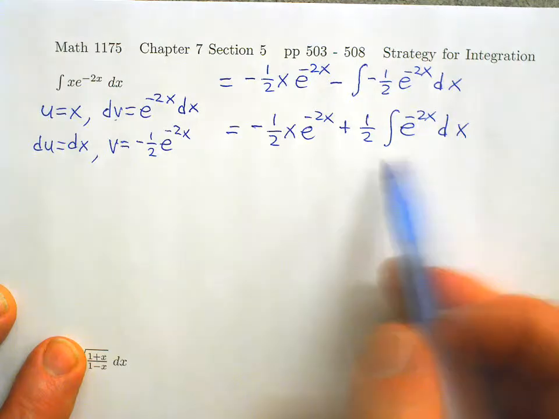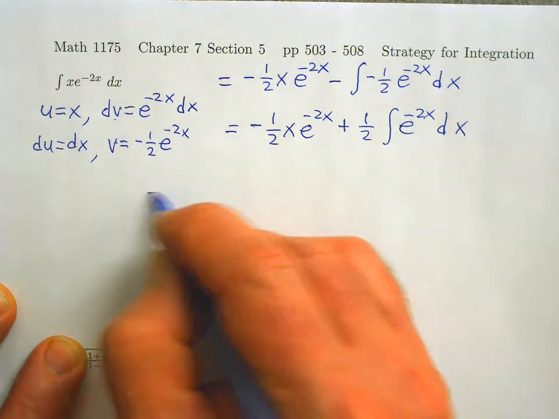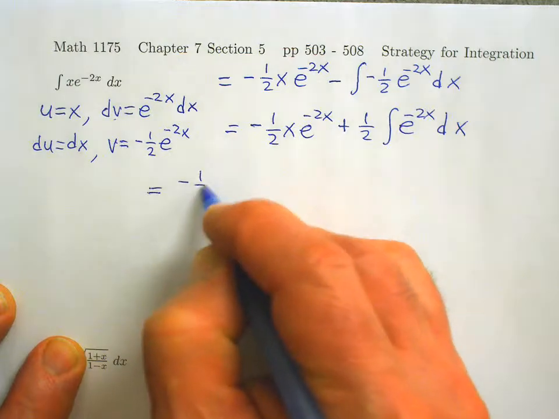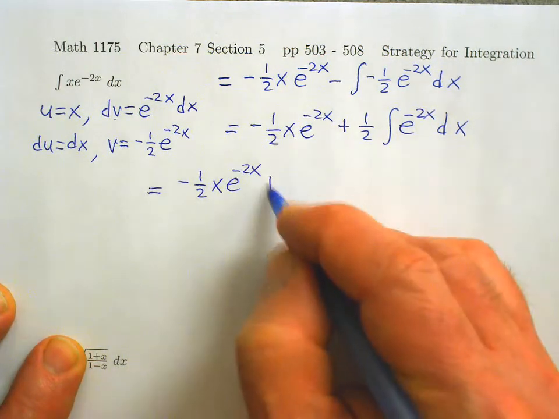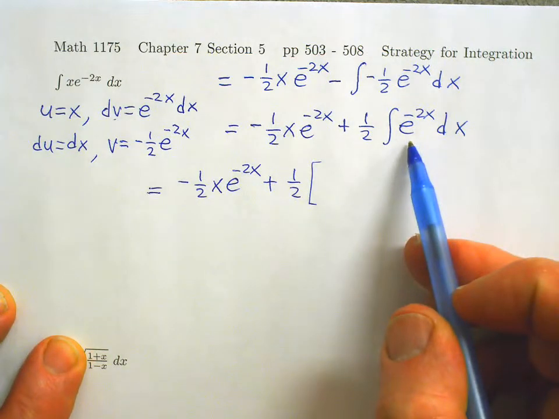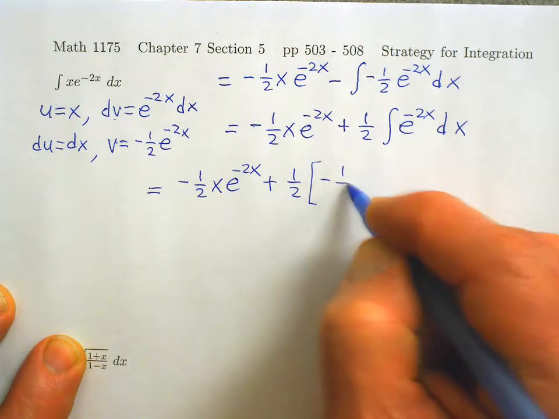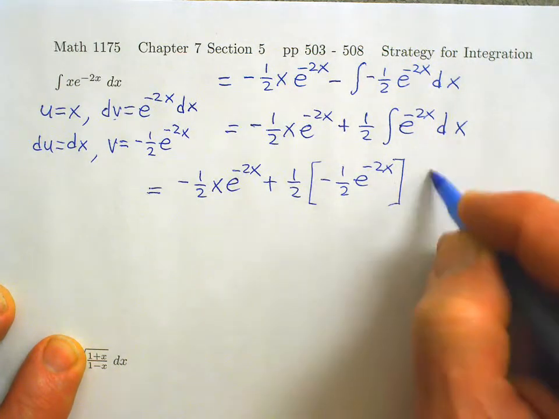And now we're just a step or two away from the final result. Negative 1/2 x e to the negative 2x plus 1/2 times the antiderivative of e to the negative 2x, which is negative 1/2 e to the negative 2x, plus a constant.